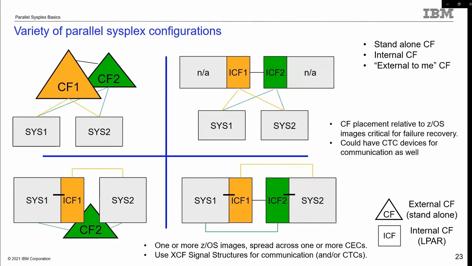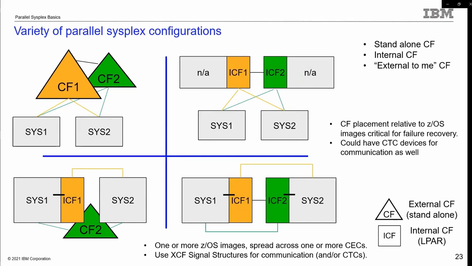So again, we don't have failure isolation here between System 1 and ICF1. God forbid that the CPC that contains Sys1 and ICF1 goes down, there's going to be more extensive recovery that may be necessary to recover from that scenario, because they're not failure isolated between them.